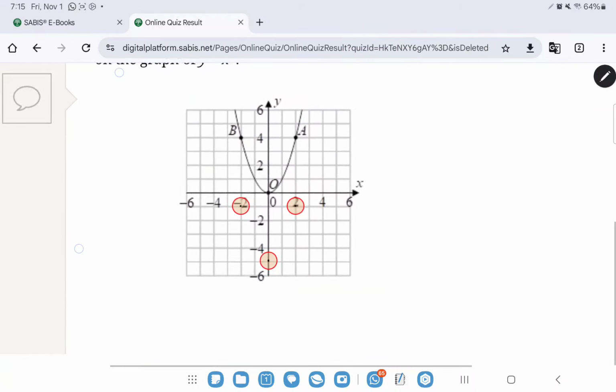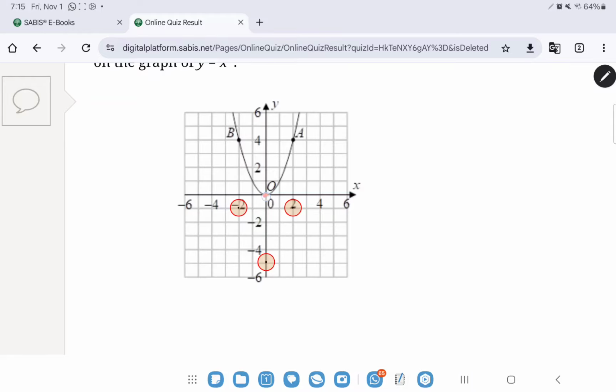Again, you're gonna do the same thing for your graph. Take this point, count 5 down, 1, 2, 3, 4, 5, and place a point. This point, count 5 down, place a point. Same thing here, place a point. And there you would have made your new graph.